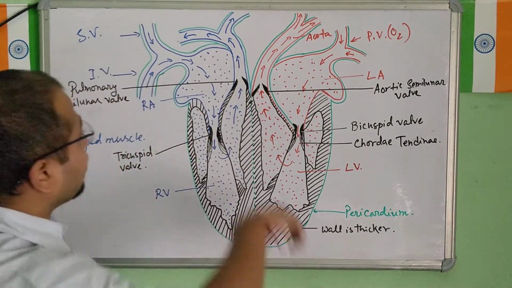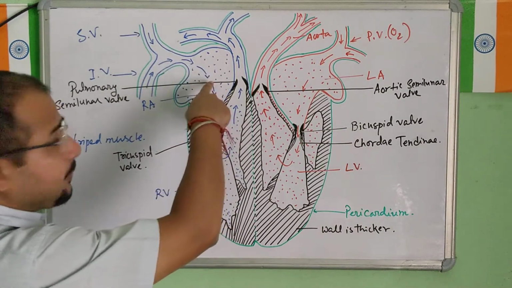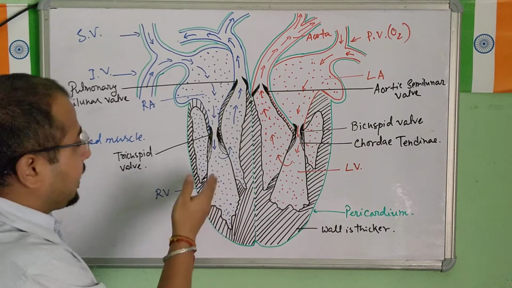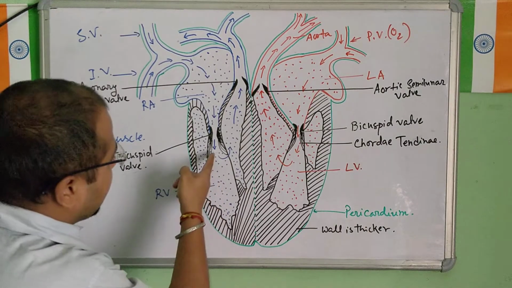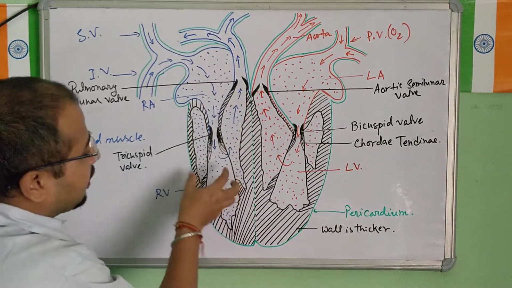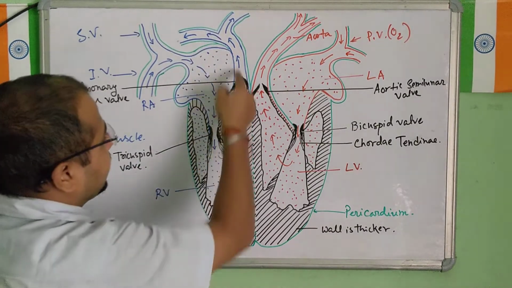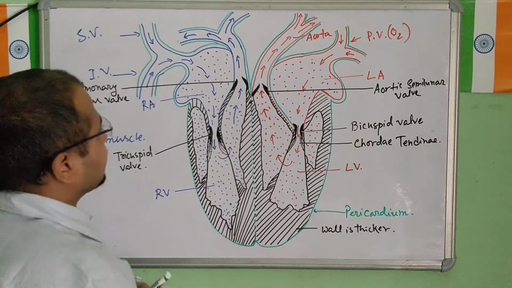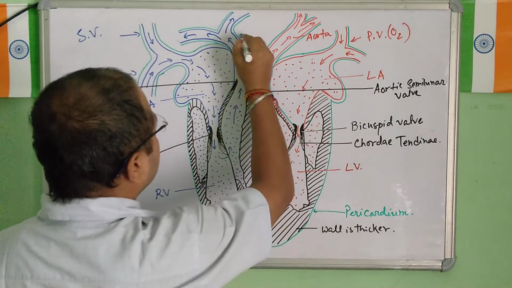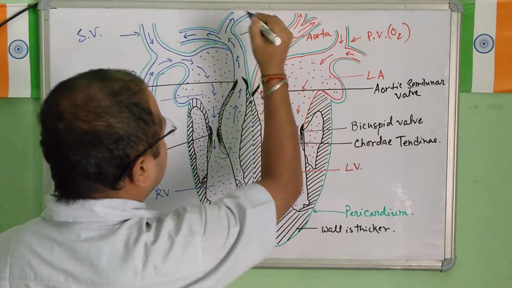Now the deoxygenated blood enters here in the right atrium. From here it goes to the right ventricle, and now from here you see the arrow, the blood is going out. From the right ventricle the blood is going out. This blood vessel is known as the pulmonary artery.